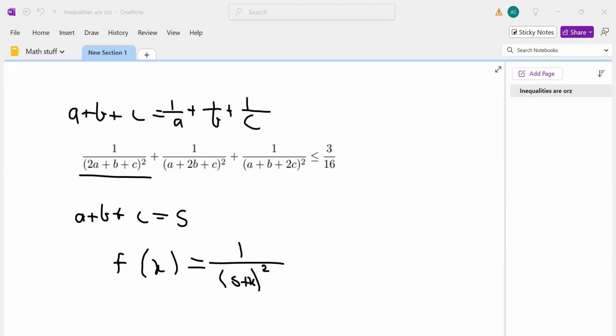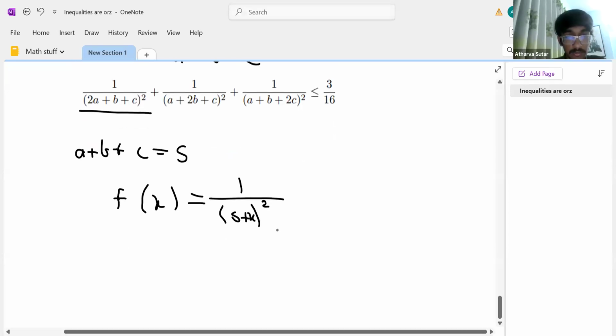We can show that the function is concave and apply Jensen. Yeah, that's correct. This function is a concave function.